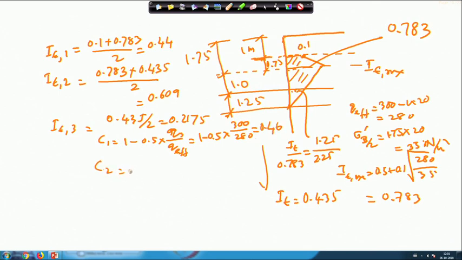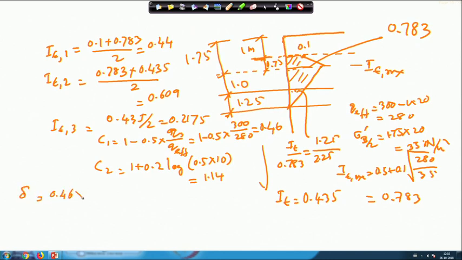And C 2, it is mentioned after 6 months. So, it will be 1 plus 0.2 log of 0.5 multiplied by 10, and if I do this, then you will get 1.14.